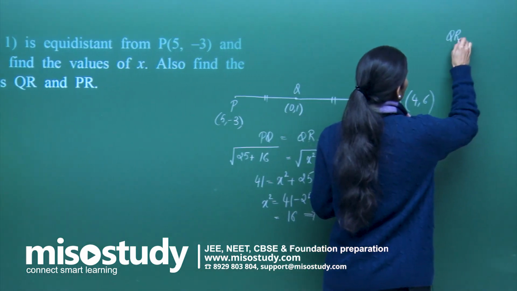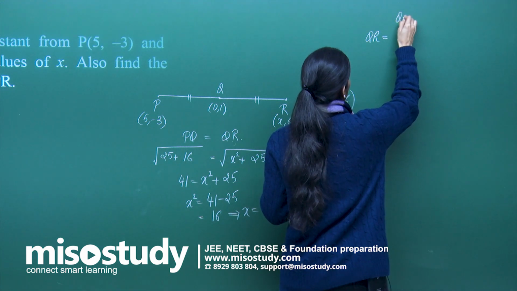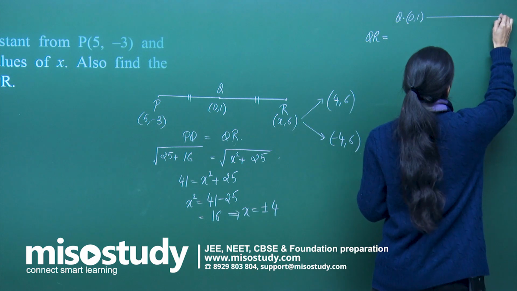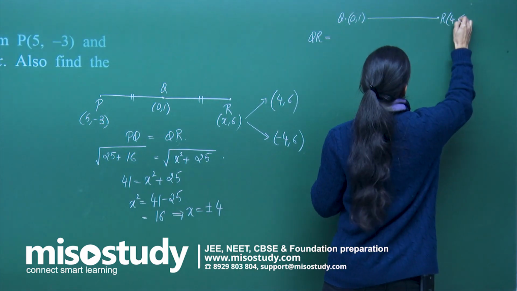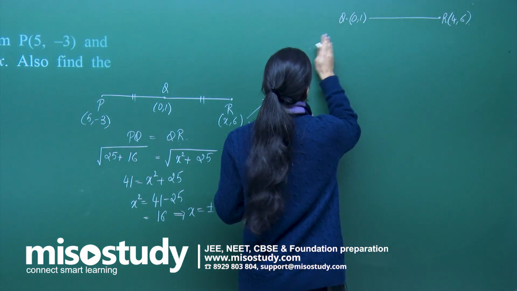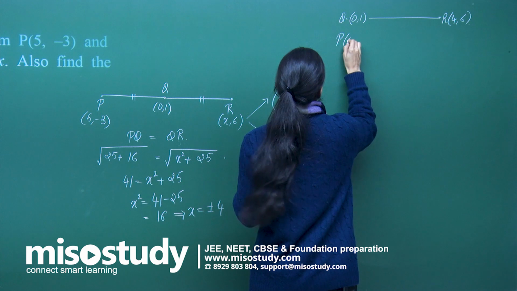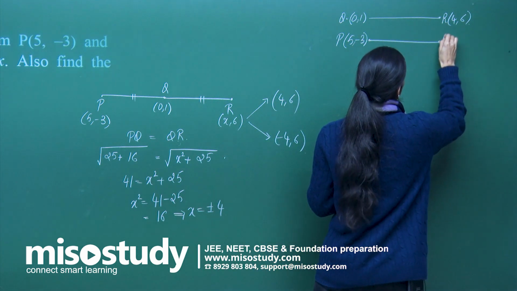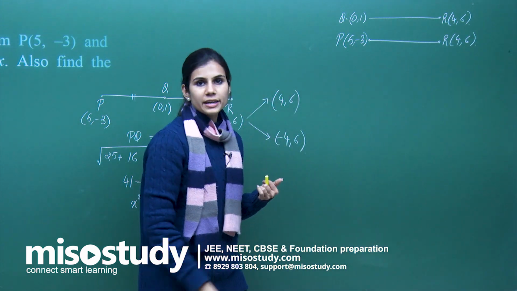So QR, that is distance between Q and R. So let me write the point Q is 0, 1, and I am taking my R as 4, 6. This is QR and PR. So P is my point 5, minus 3, and my R is 4, 6. So I have to calculate QR and PR.